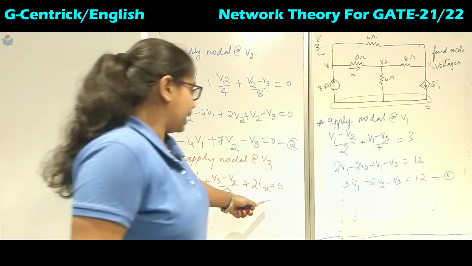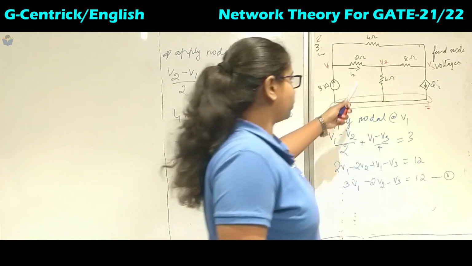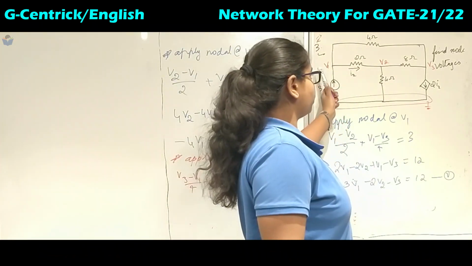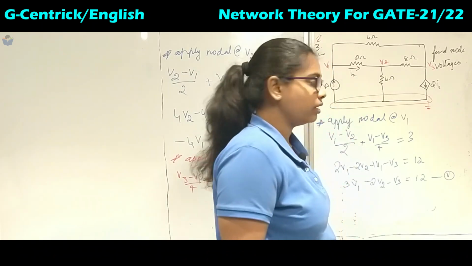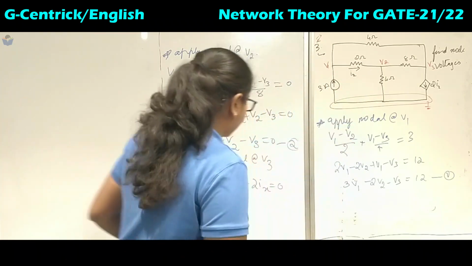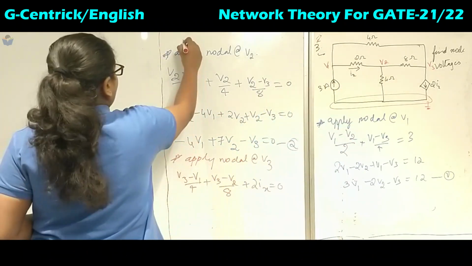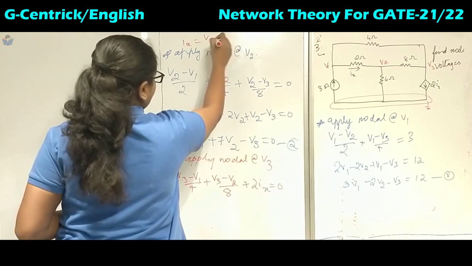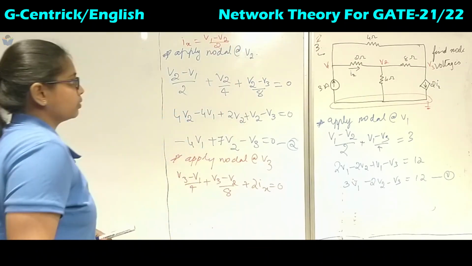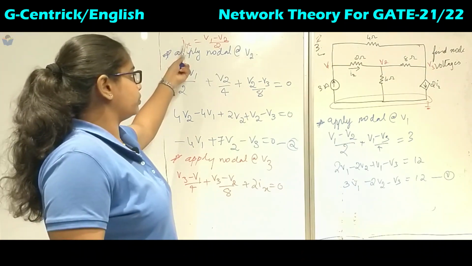Now this Ix can be replaced by using one more equation, that is assuming V1 is at higher potential because the direction of current they have given in this direction. So Ix is nothing but Ix is equal to V1 minus V2 divided by 2. Okay, so this is the value of the Ix.